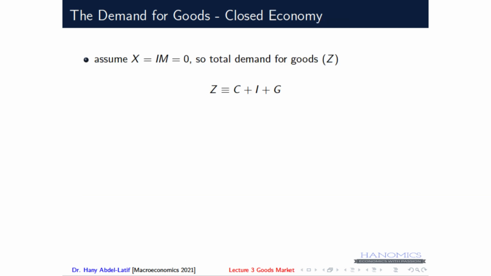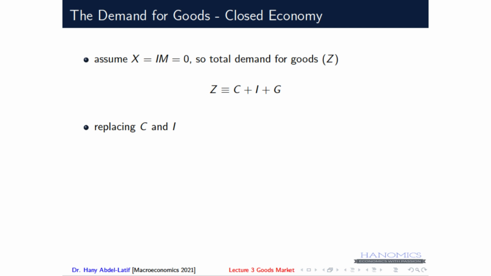In such a case, when we have a closed economy, Z, the total demand for goods, would be equivalent to consumption expenditure, investment, and government spending. We could use what we learned so far about the consumption function to replace C in this equation.